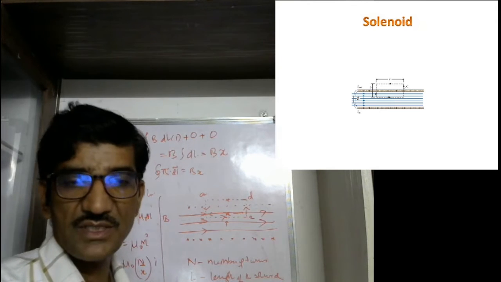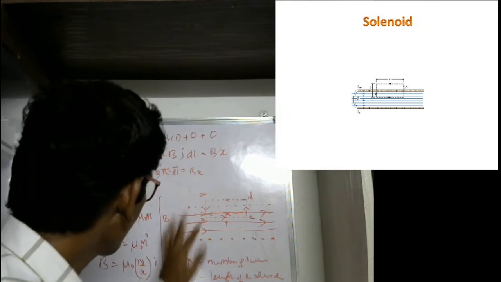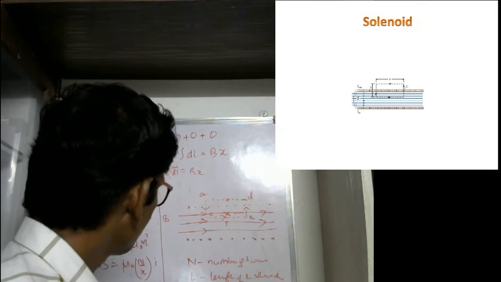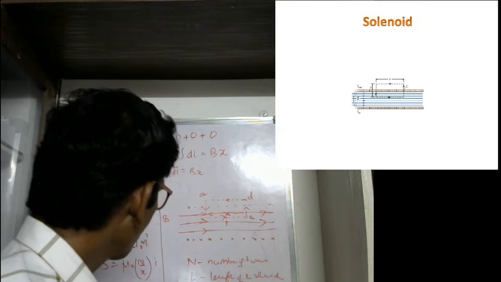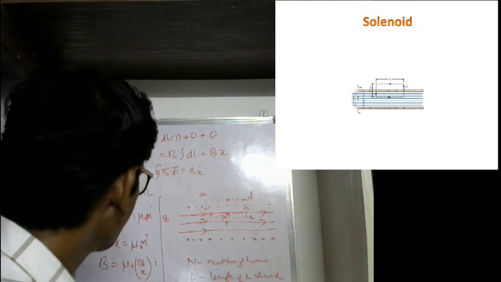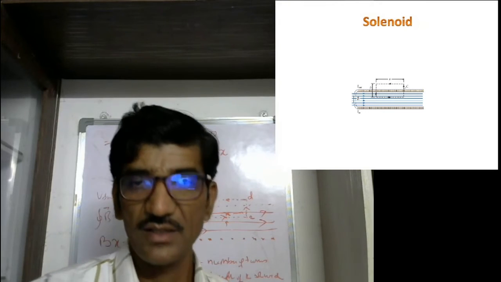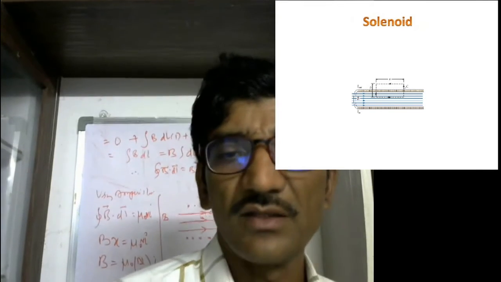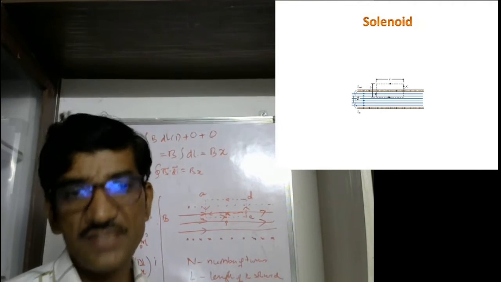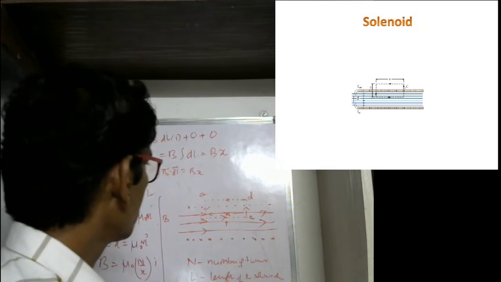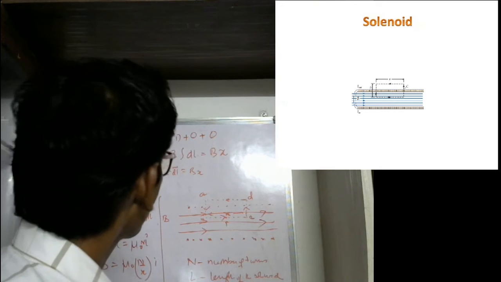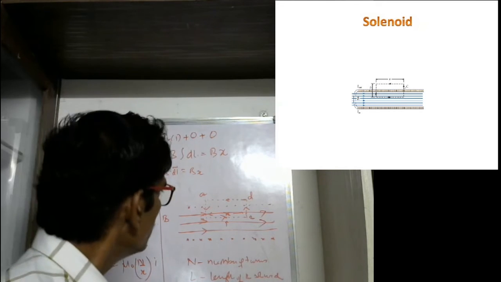What is the formula for the magnetic induction inside of this solenoid? Mu naught nI. This is the expression for the magnetic induction inside of the solenoid.